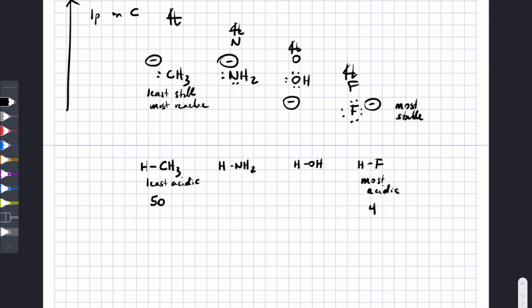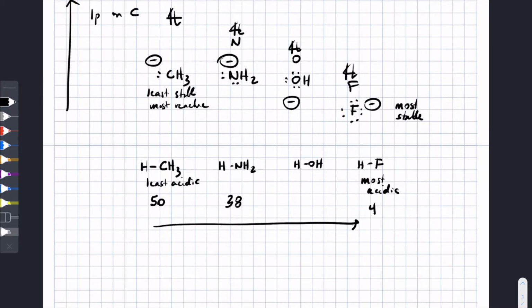Those are log units, so that's like 10 to the 46 times less acidic than HF is. And as you move across the row, the pKa values decrease. I think for ammonia, I got this wrong last time. It doesn't matter.